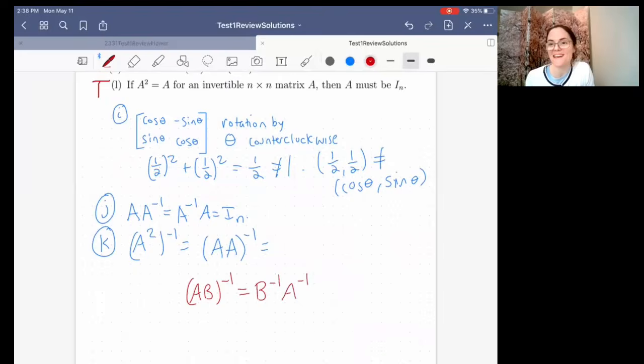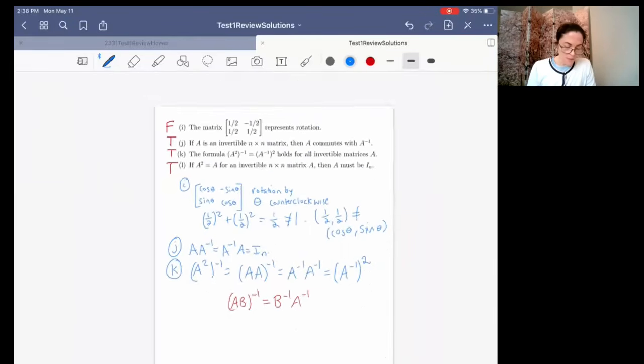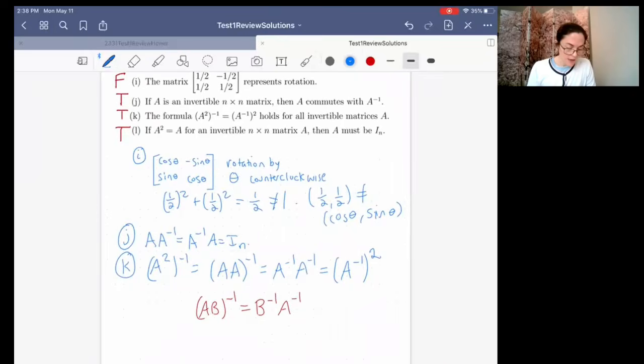It's a property about inverses, assuming A and B are both invertible, and they're both the same size, so that A times B is defined. So if they're both invertible n by n matrices, then this is a property. Well, if I apply that here, it just says A inverse, and this is A inverse squared. This is one way to prove that formula.